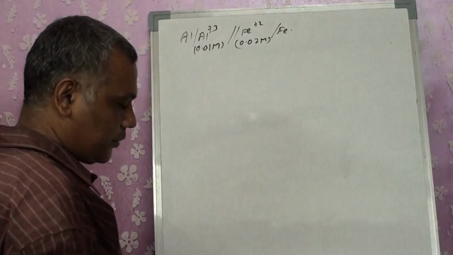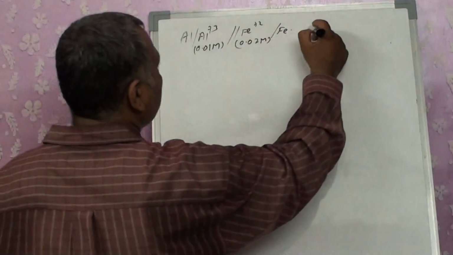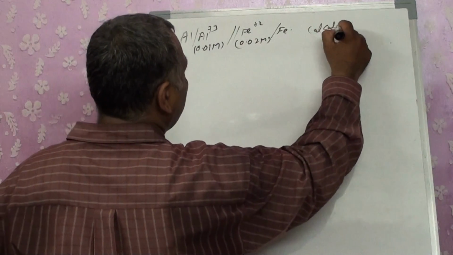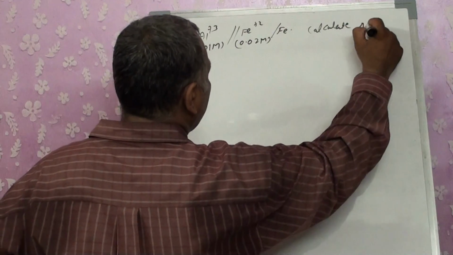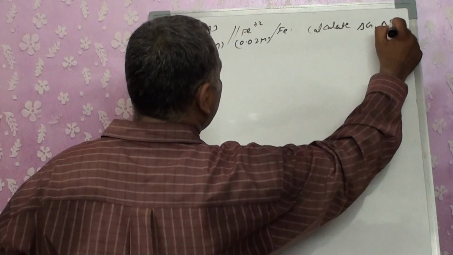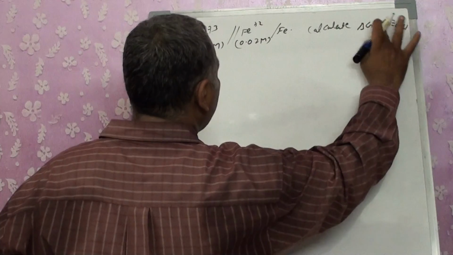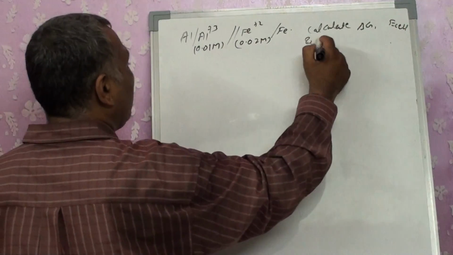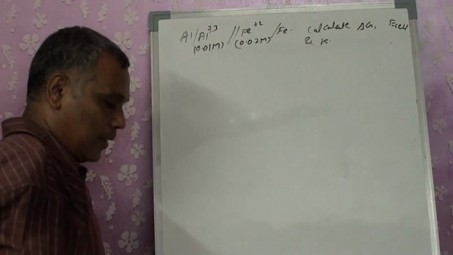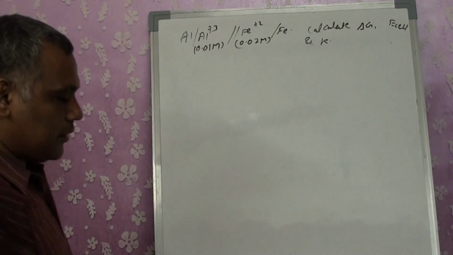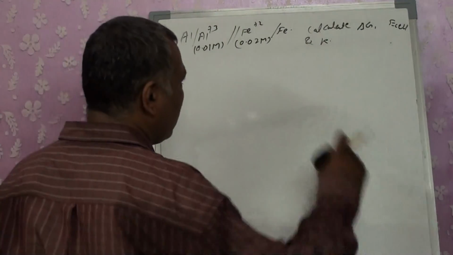The cell is used. You have been asked to calculate delta G, E cell and K.